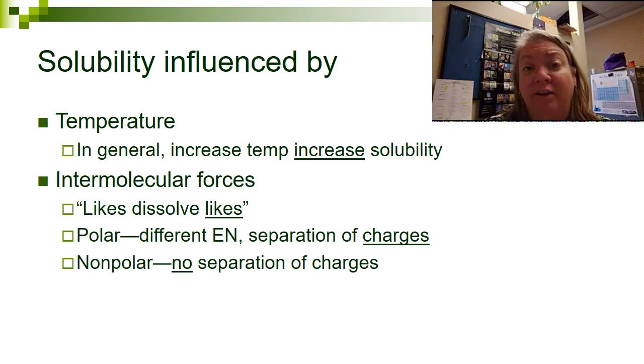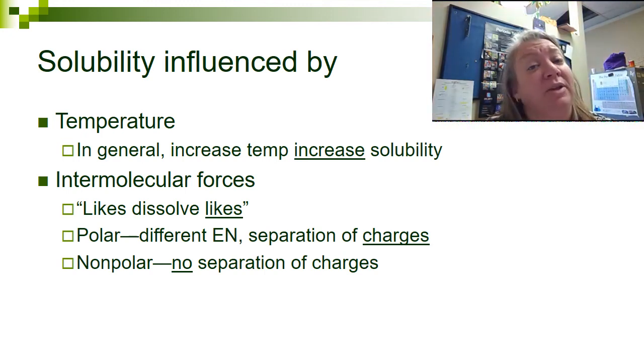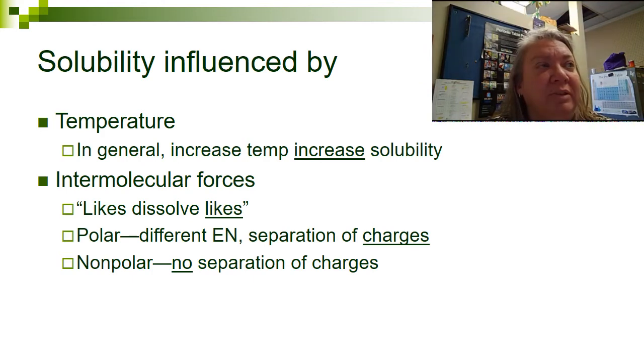The other thing that can influence your solubility is intermolecular forces. So remember the old saying, likes dissolve likes. What this is referring to is that polar substances like to dissolve polar substances and nonpolar likes to dissolve nonpolar. And you're like, I think I remember those terms.